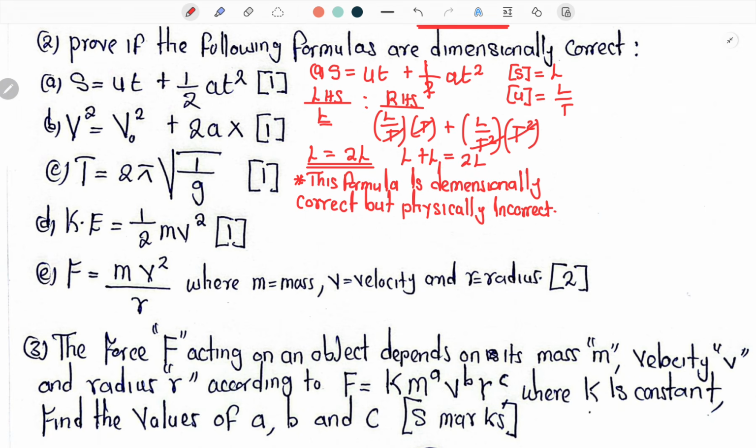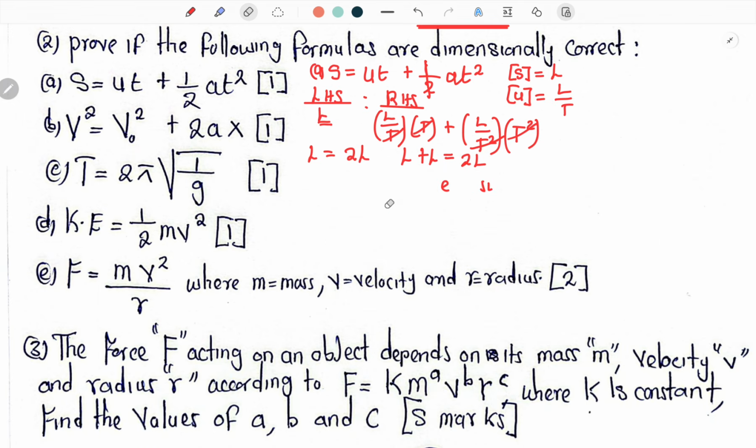It is dimensionally correct, but physically incorrect. Okay, so that's how we solve that particular question. Let's try to do more questions. We see how best we are able to solve these particular questions using the MLT concept.